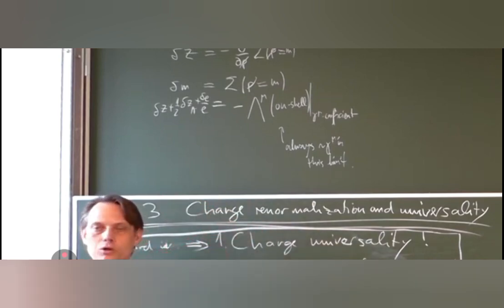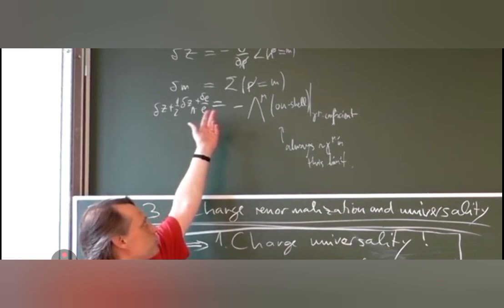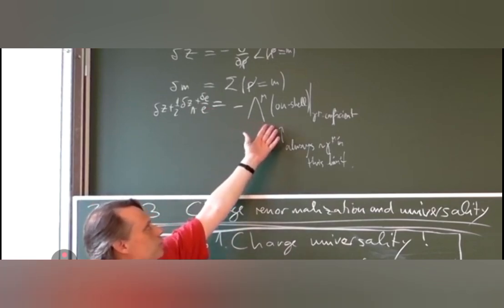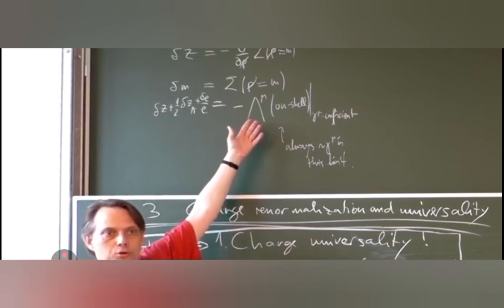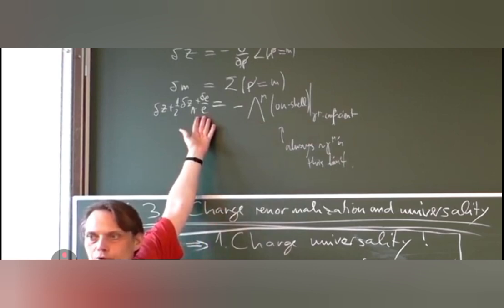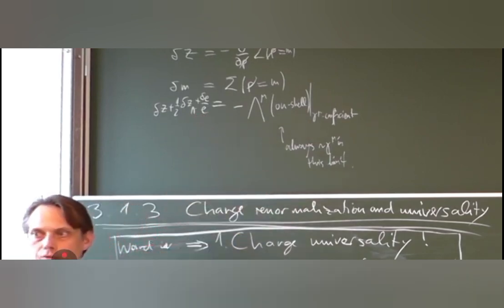And so delta e does not depend anymore on whether you have chosen to renormalize the charge in the photon electron vertex, or a photon muon vertex, or a photon tau vertex. Ultimately, it depends only on the photon self-energy, whatever you started with. And so, in this sense, the charge is universal.